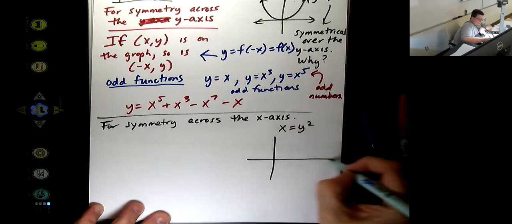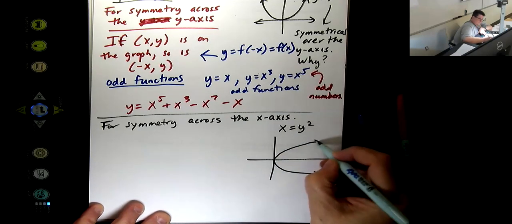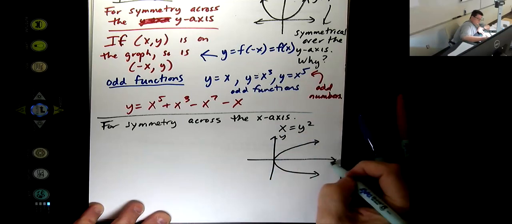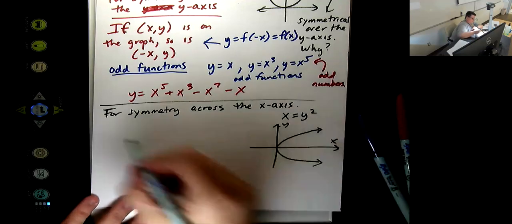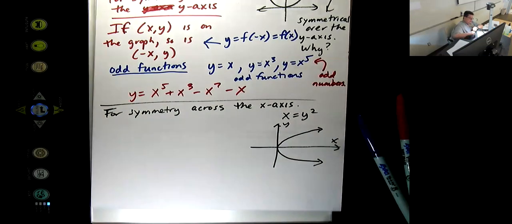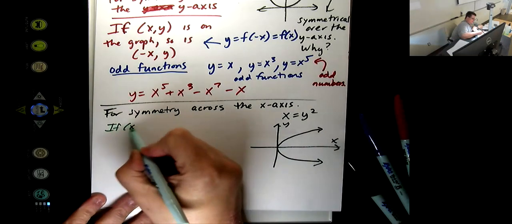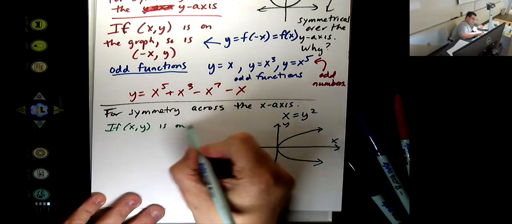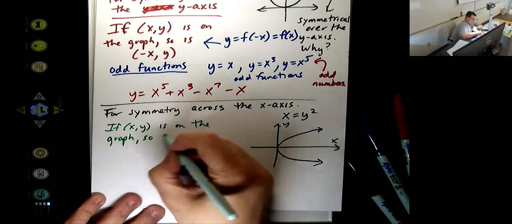It looks like a parabola going sideways. If xy is on the graph, so is x, negative y.